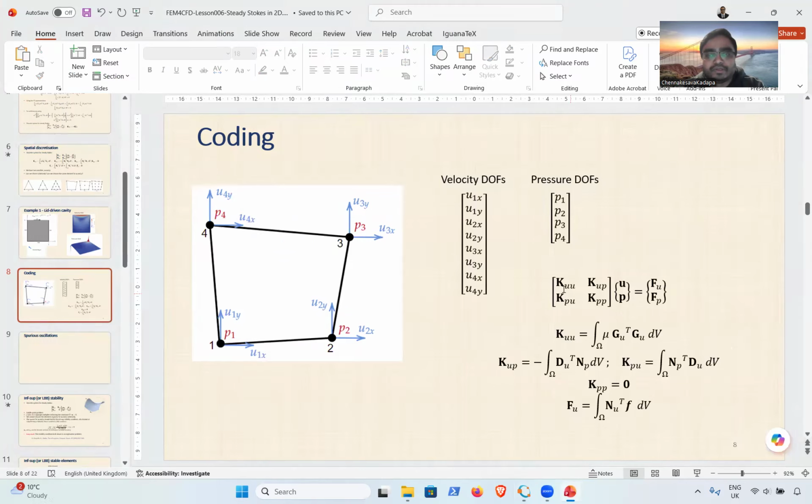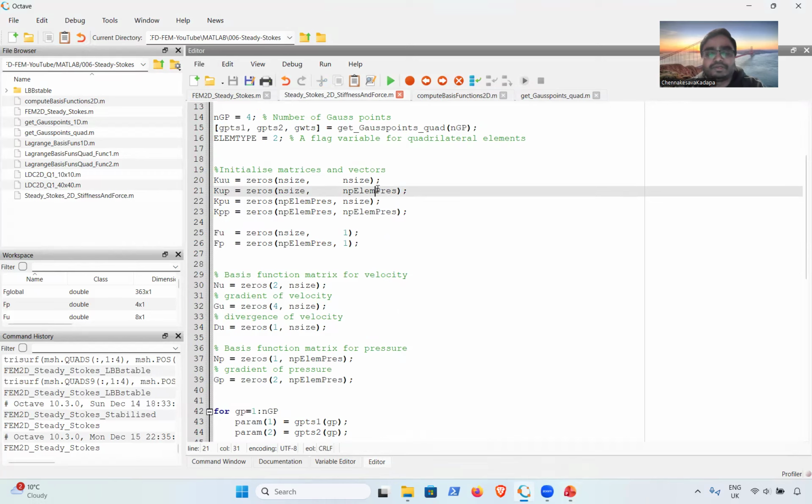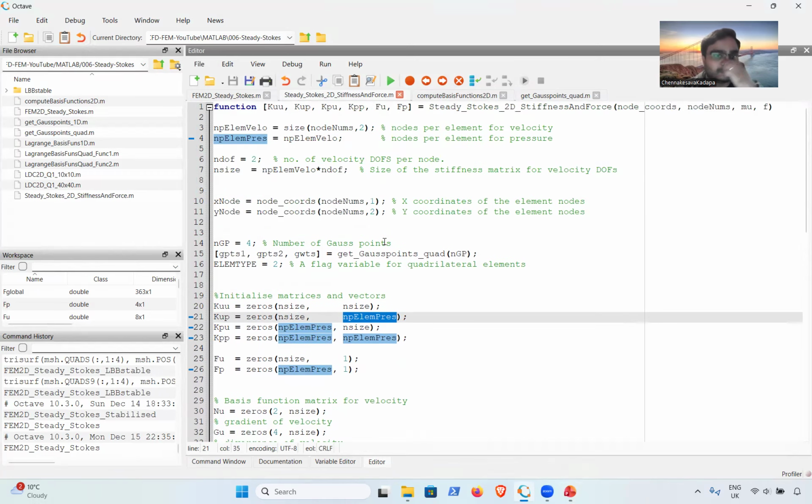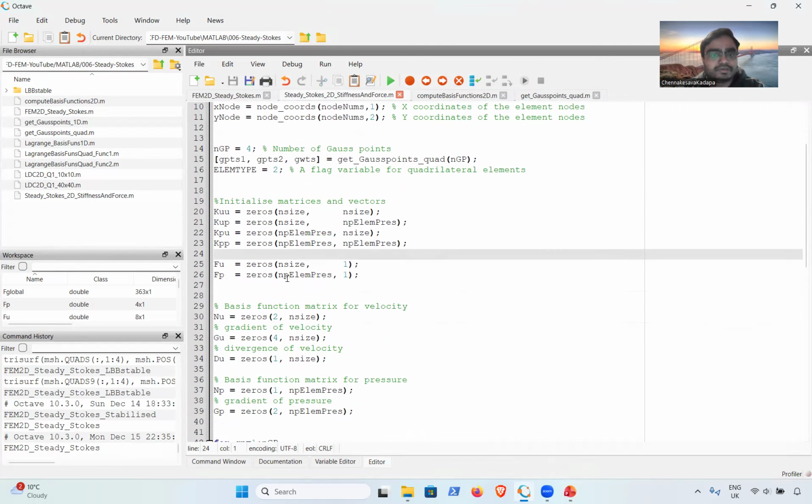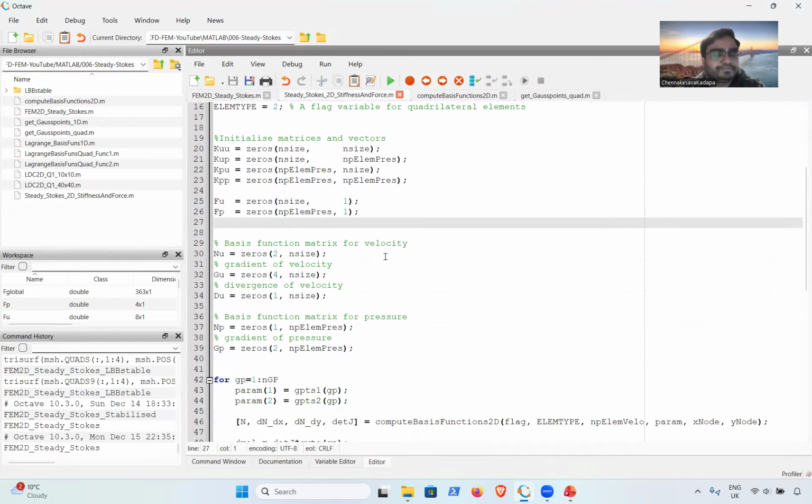KUP should have the same number of rows as U, and the number of columns would be the number of degrees of freedom in pressure. So that would be 4, the number of nodes per element for pressure. Similarly for KPU, KPP, and so on. For FU and FP, it follows the same logic.